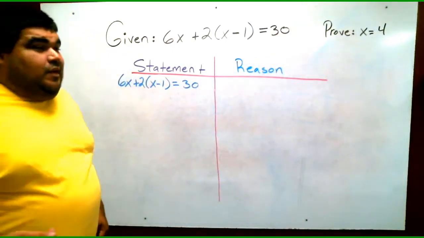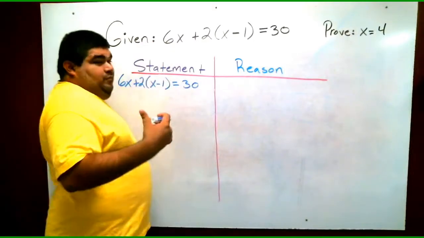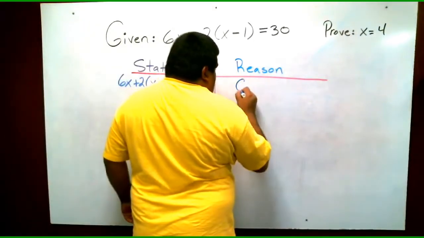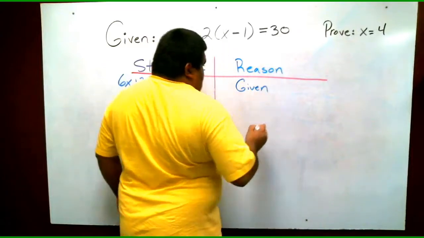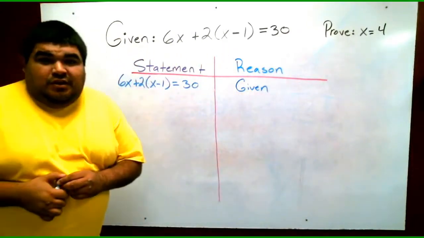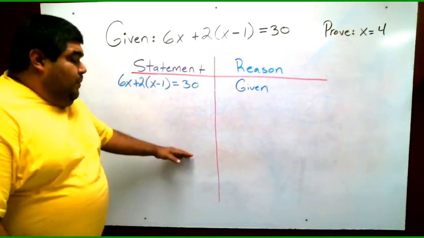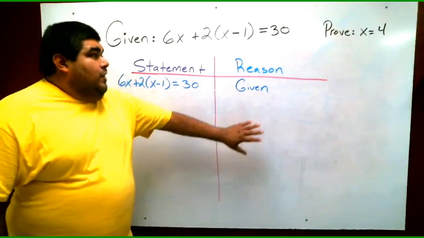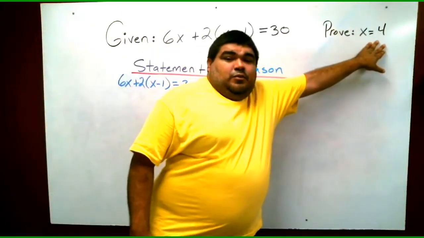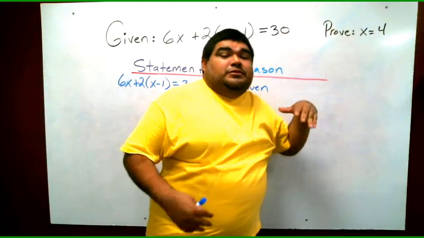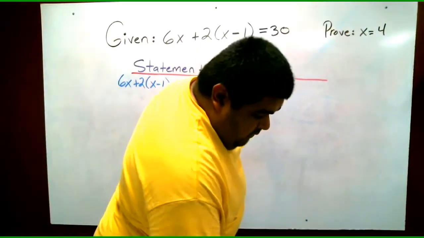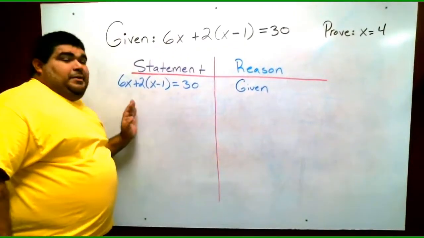We're trying to prove that because it's given. Okay, that's given. That's what we start off with. On the bottom, way on the bottom, we have to arrive at a conclusion that x equals 4. That's what we have to prove. So we start off at the beginning with the given.